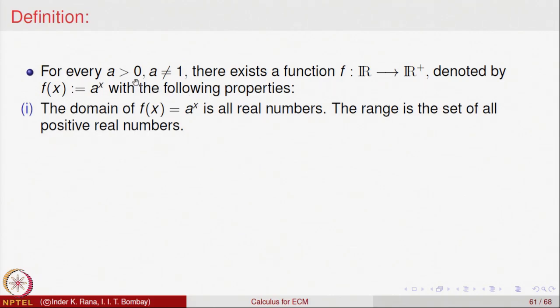And so, for a bigger than 0, of course a not equal to 1, for a equal to 1 it will be a constant function. A raised to power x can be defined with the following properties. So, I have just indicated at a root how this can be defined.